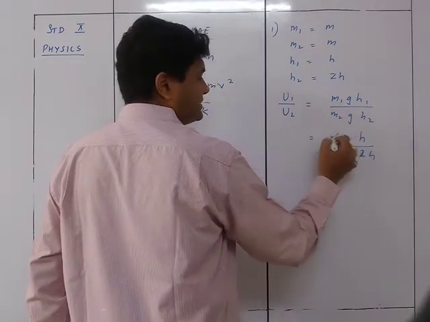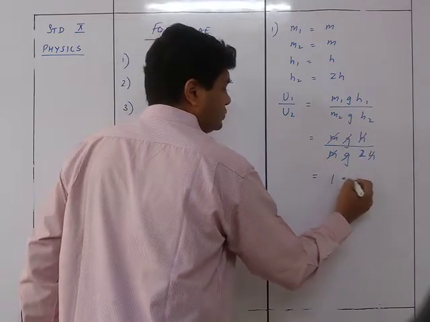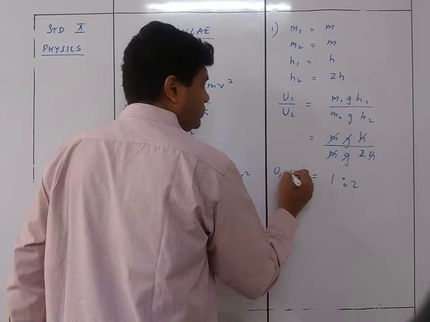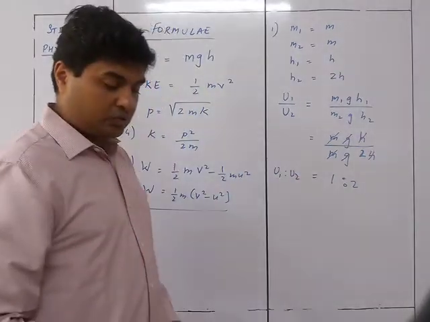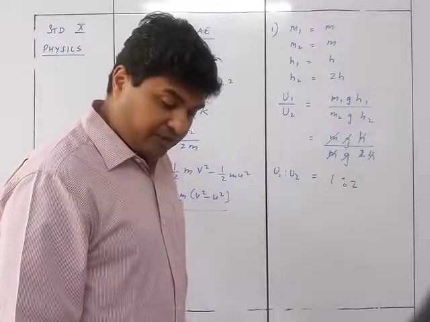That cancels the m, g and h. So the ratio will be 1:2. So U1 is to U2 will be 1:2. Is it clear? That is how we write the first one.